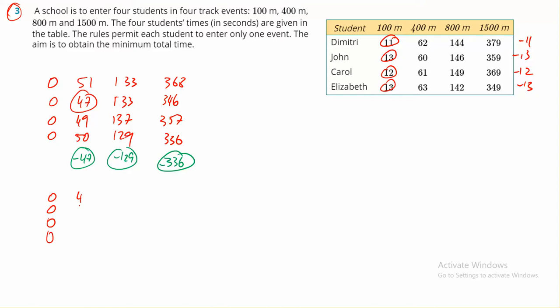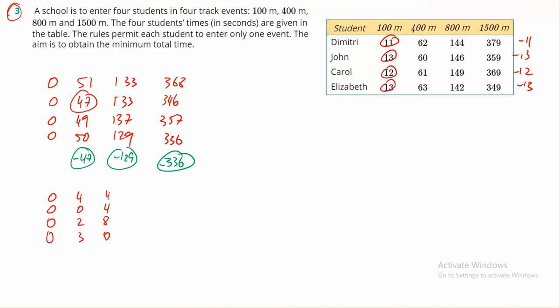0. 49 minus 47 is 2 and 3. If I subtract 129 from this, I get 4, 4. 137 minus 129 gives me 8. 129 minus 129 is 0.